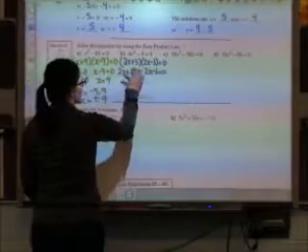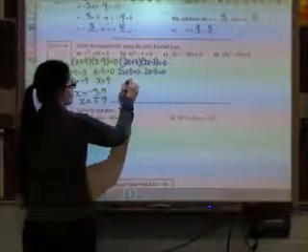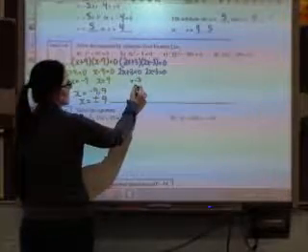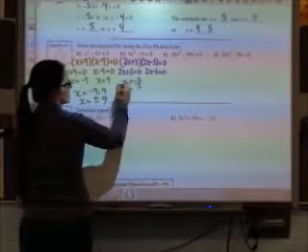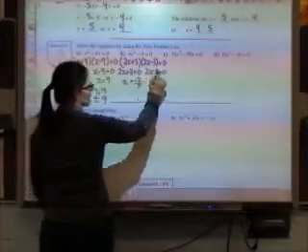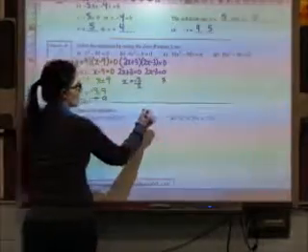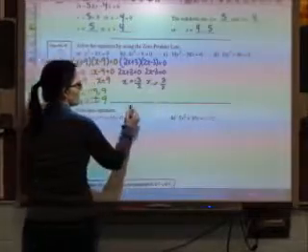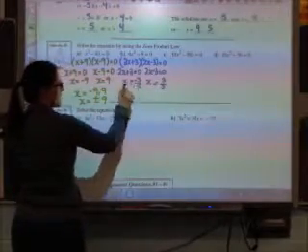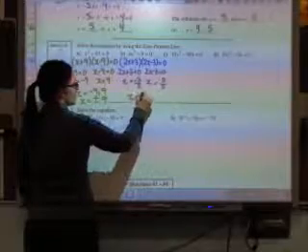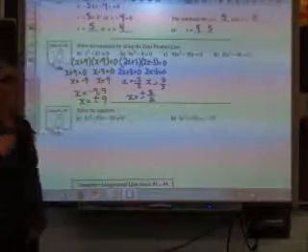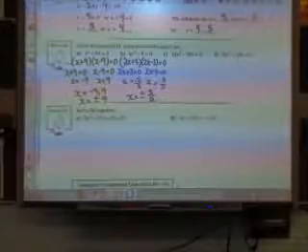So I solve for x in this first equation, which means I would move the 3 over and it would become negative, and then I would divide by 2. In the second equation, I would move the 3 over and it would become positive, and then I would divide by 2. So I have a positive 3 halves and a negative 3 halves, so I can put it together and write it as positive or negative 3 halves.